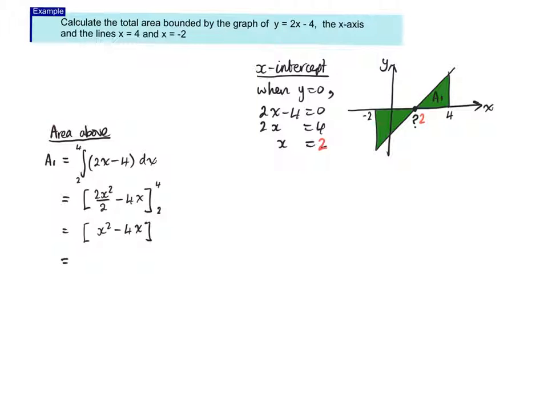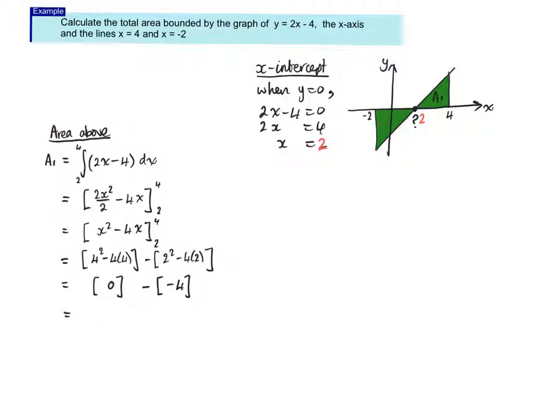At this point we need to put in our limits. So we get 4 squared minus 4 times 4, take away 2 squared minus 4 times 2, which gives us 4 squared is 16, take away 4 times 4 is 0. 2 squared is 4, minus 8 gives us minus 4.